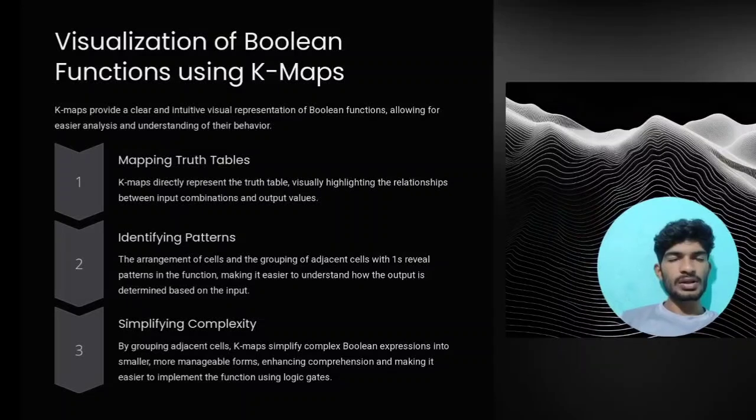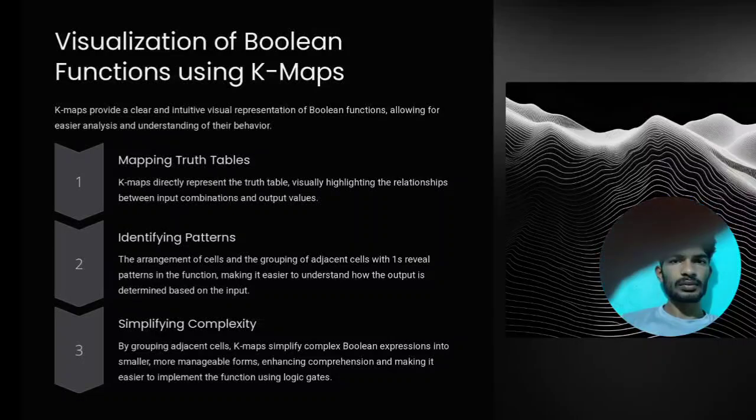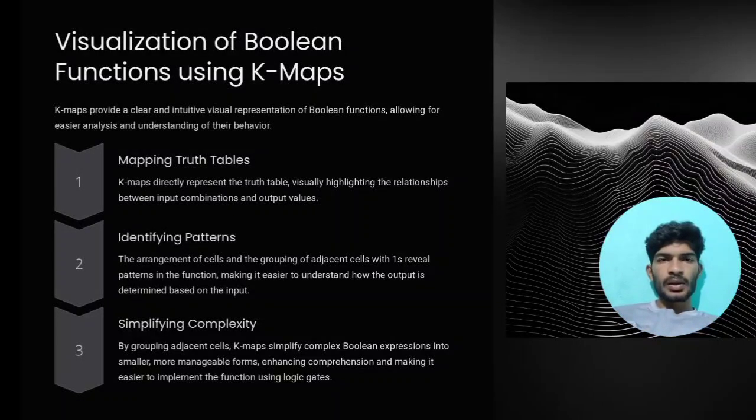Visualization of Boolean function using KMap. KMap provides a clear and intuitive visual representation. Mapping truth tables. KMap directly represents the truth table, visually highlighting the relationships between the input combinations and output values. Identifying patterns.